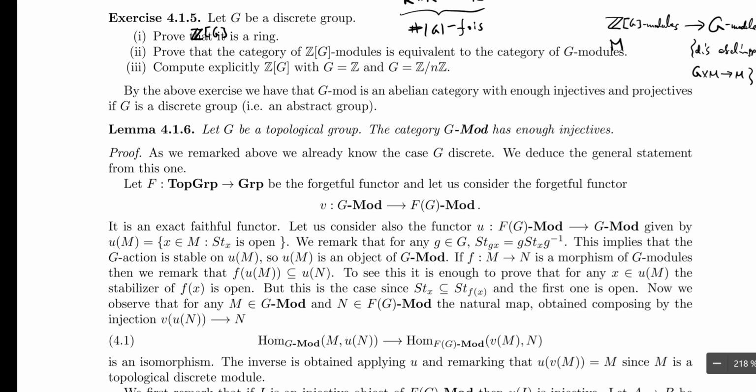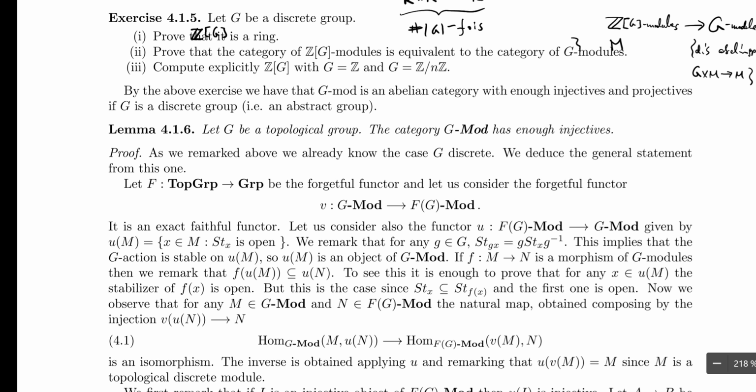So here the G-module M is an abelian group, and we can equip it with the discrete topology. Here we don't have topology, of course.